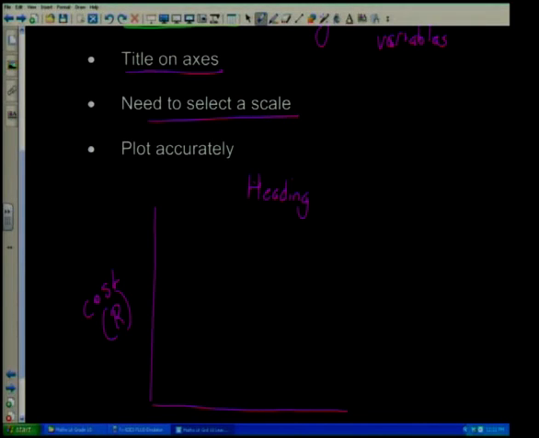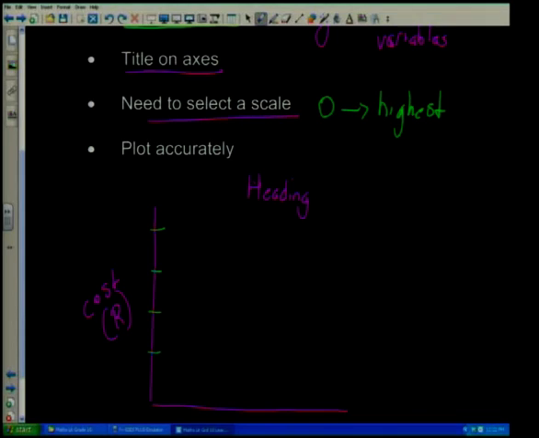We need to select a scale. Now our scale needs to be selected very carefully. So when we select a scale, we normally start at 0 on both axes. And we need to go up to what is our highest. So we're going to look at our values. You look at your lowest, which is very often 0, and you're going to look at your highest.